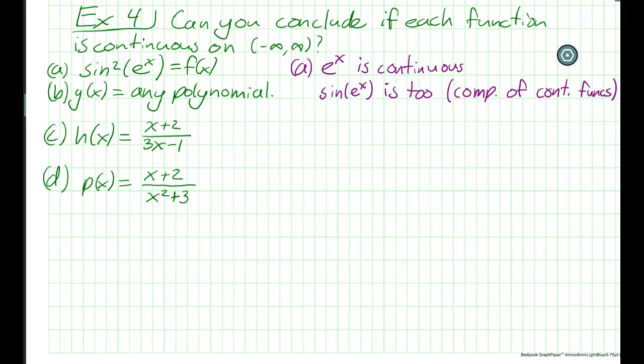Now sine squared of e to the x is sine of e to the x times sine of e to the x. That's what this notation means. It just means the result of sine multiplied by itself, or squared.